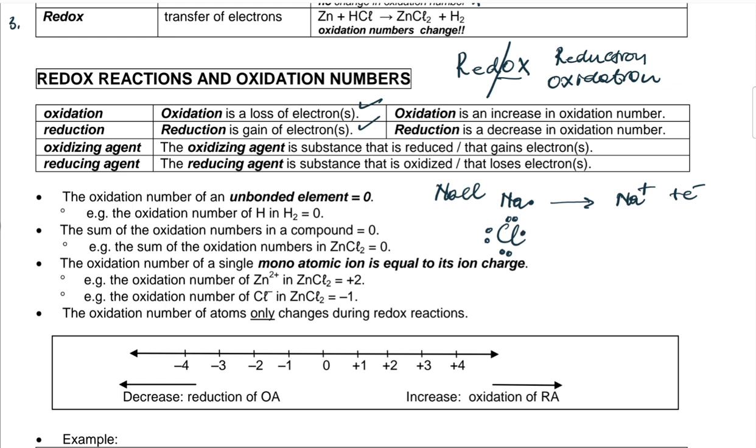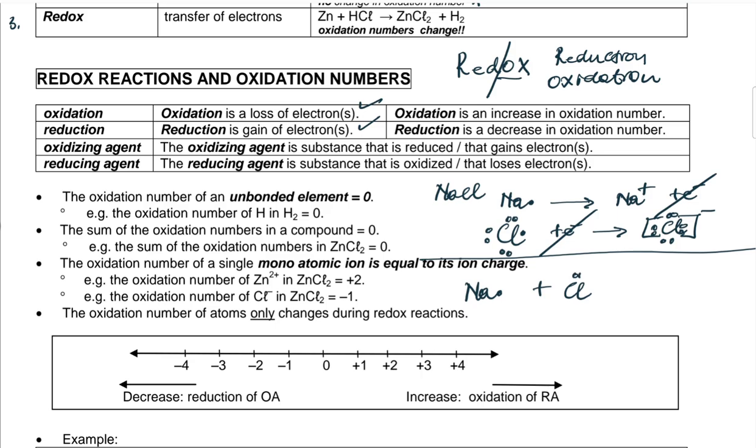The group 7 chlorine needs 1 electron to do what? To obey the octet rule, which is the maximum of what? The maximum of 8 electrons. Okay, so because the electrons are balanced, this one will cancel this one. So this sodium there, and also the chlorine, 2, 4, 6, 7.